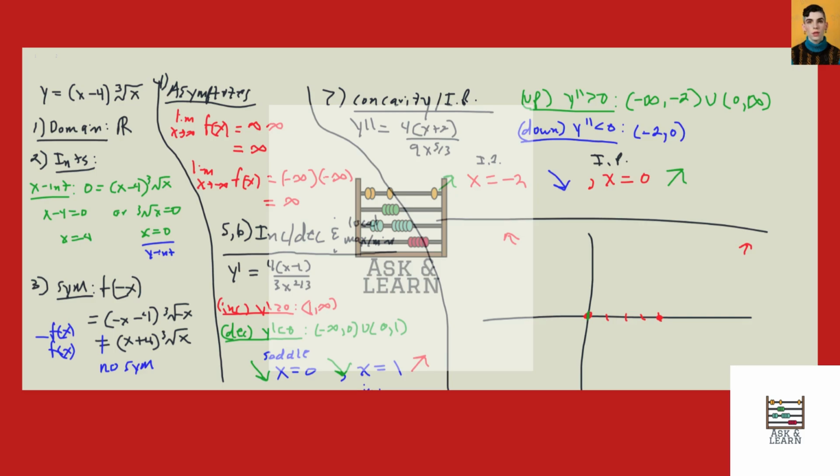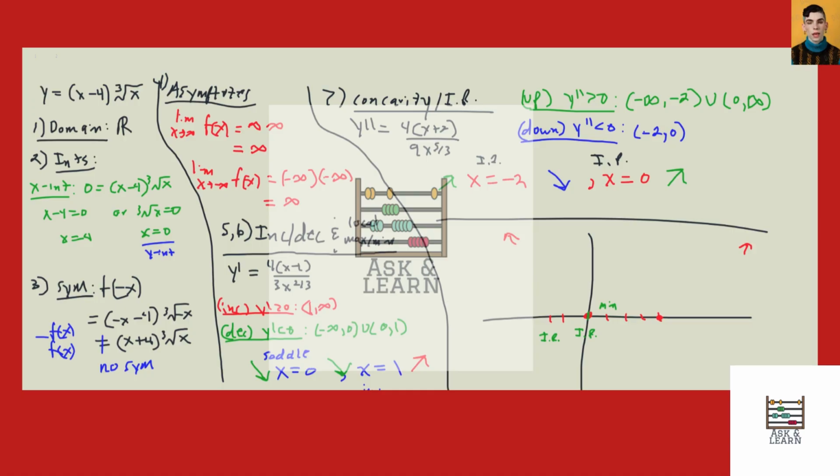And at x is equal to 1, we're going to have a minimum. So at x is equal to 0, we're also going to have a point of inflection. And at x is equal to -2, we should have a point of inflection as well. All right, so what I'm going to do is start from negative infinity, or as x is approaching negative infinity, and work my way to the right.